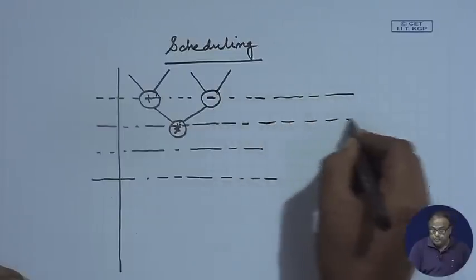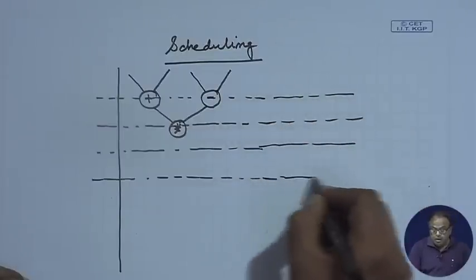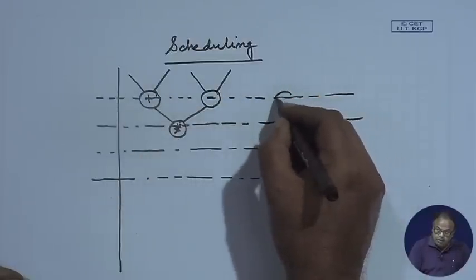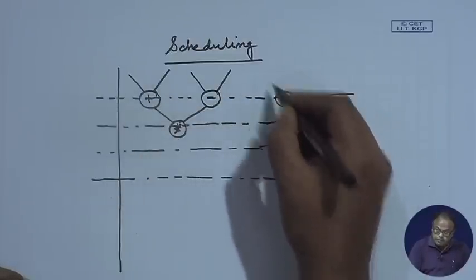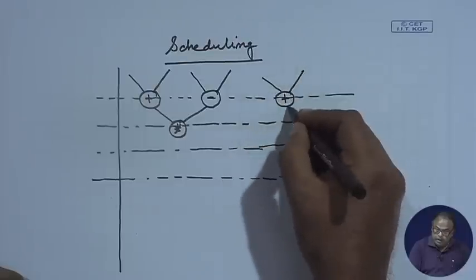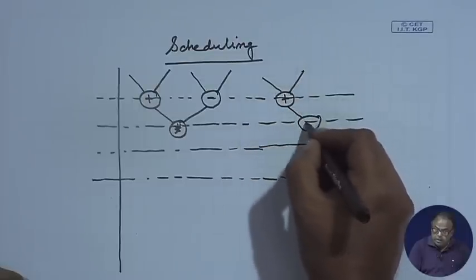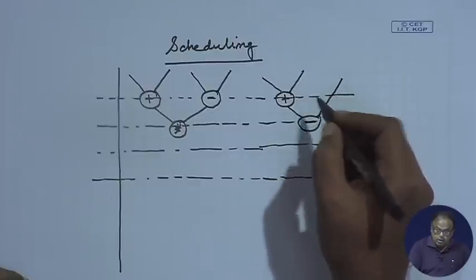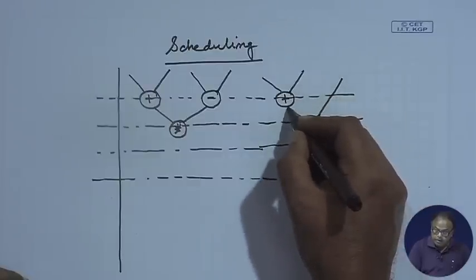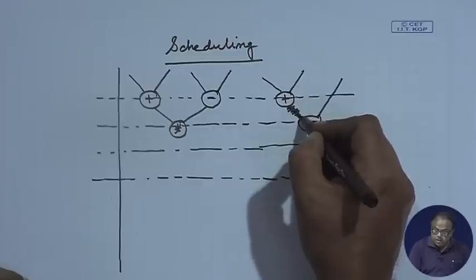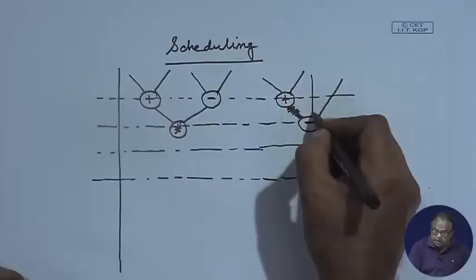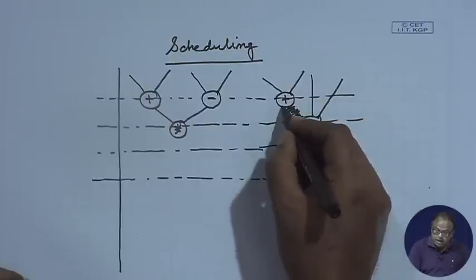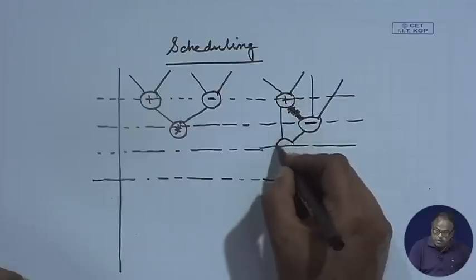If I want to save on the number of adder subtractors, I could do the addition here and then do the subtraction here. I am sorry, the subtraction was not coming from here. So, not this, and the subtraction here I do, and then take the result of this adder and the subtractor and do the multiplication here.